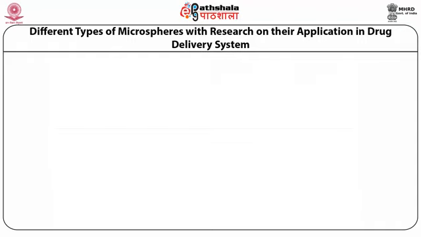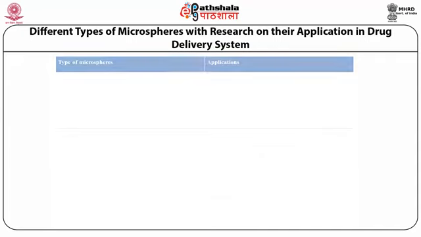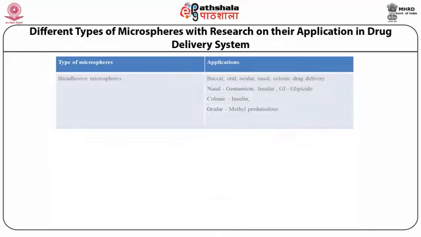Different types of microspheres with research on their application in drug delivery systems. There are different types of microspheres which have different applications. Let's start with the bioadhesive microspheres. They are used in buccal, oral, ocular, nasal, and colonic drug delivery.